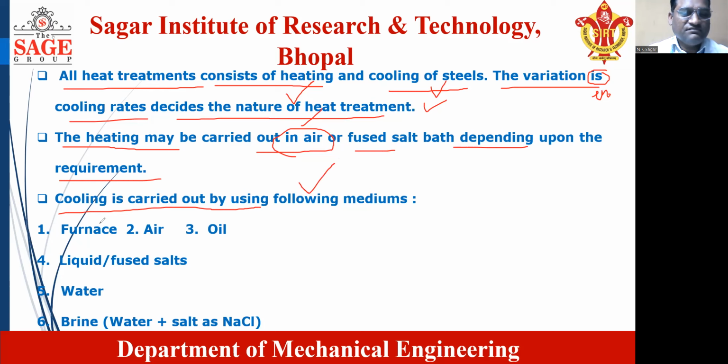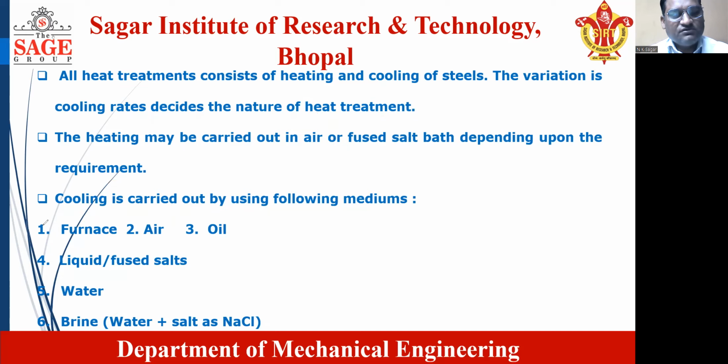The first medium is the furnace itself. Second is air. Third is oil. And fourth is liquid or fused salts. Fifth is water. Sixth is brine, meaning water plus salt, NaCl. So these are the different cooling mediums that are used according to the requirement.